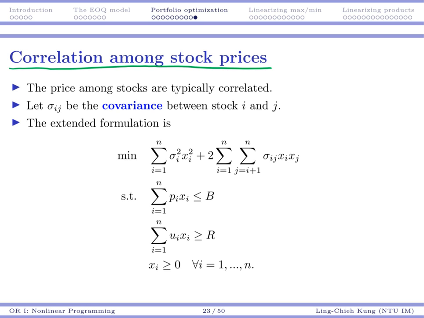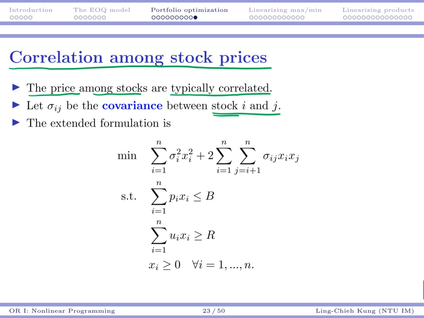So for example, if you are selling similar products, then when some people in the world say that eating this product is very good, both you and your competitors' stock price may go up because people like this kind of products at the same time. So in that case, the prices among stocks are typically correlated. I just gave you an example of positive correlation. Sometimes they are also negatively correlated from time to time.